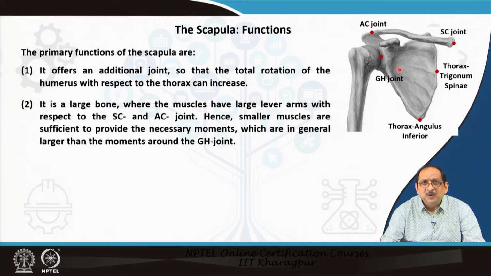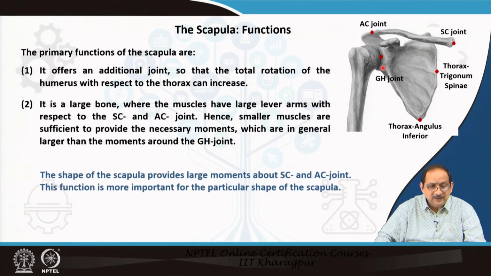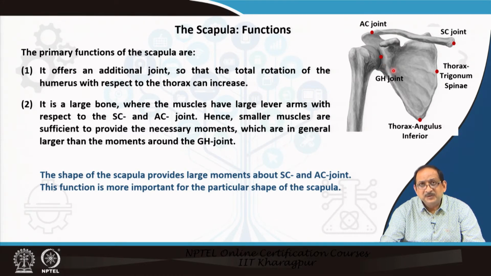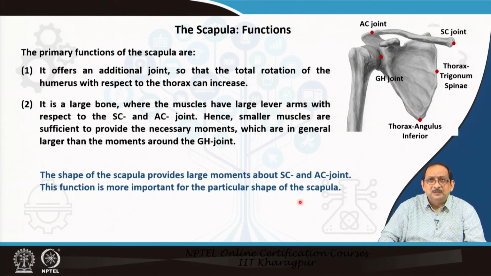Hence, smaller muscles are sufficient to provide necessary moments which are in general larger than the moments around the glenohumeral joint. The shape of the scapula provides large moments about the sternoclavicular and the acromioclavicular joints. This function is more important for the particular shape of the scapula.